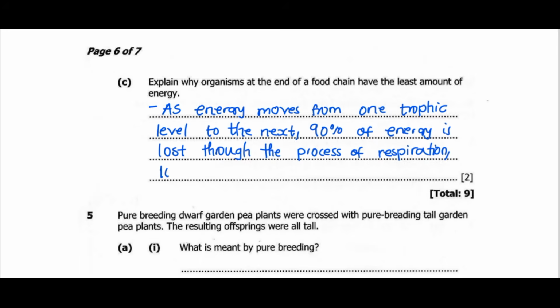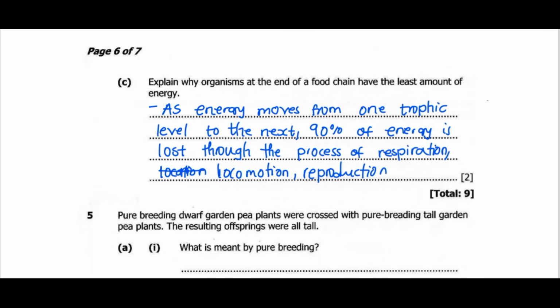We have, like for locomotion in animals, during locomotion energy is also lost. Reproduction, also energy is lost. So the key point here is, as energy is moving from one trophic level to the next, 90% of energy is lost. So only 10% is passed on to the next trophic level.